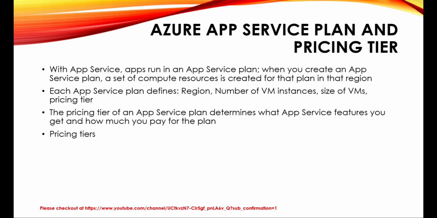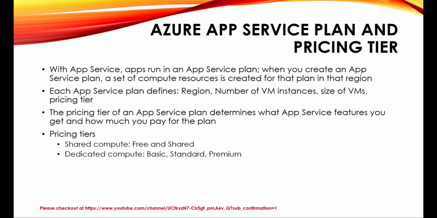So we have three pricing tiers. One is the shared compute, which is free and shared. In this, the app is run on the same VM as other apps, and scaling is not an option. So if you want the feature of scaling, then you should not opt for this shared compute, right?